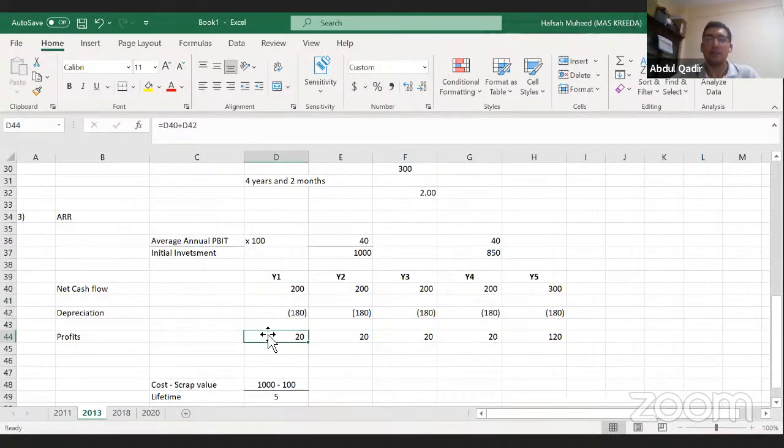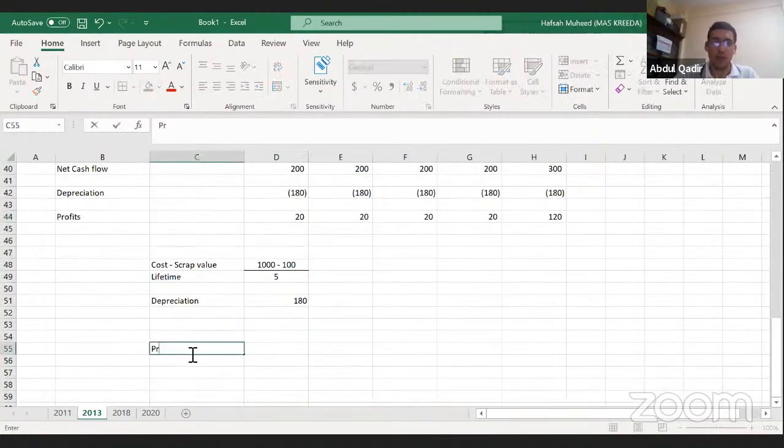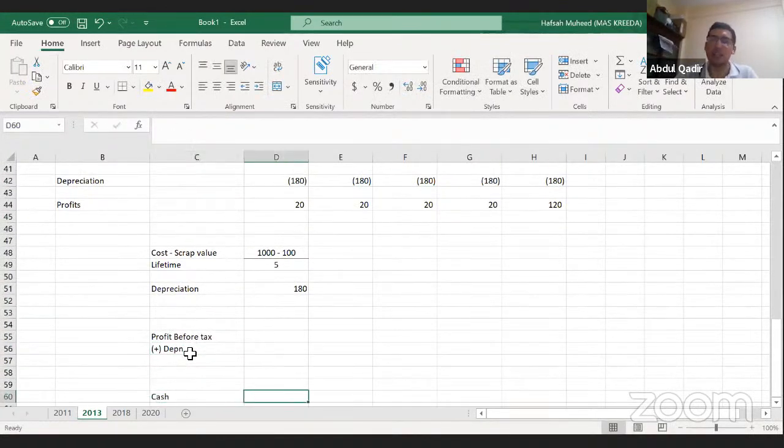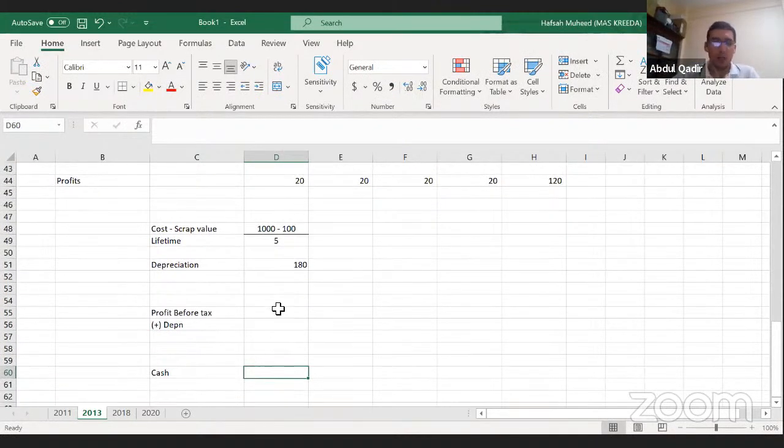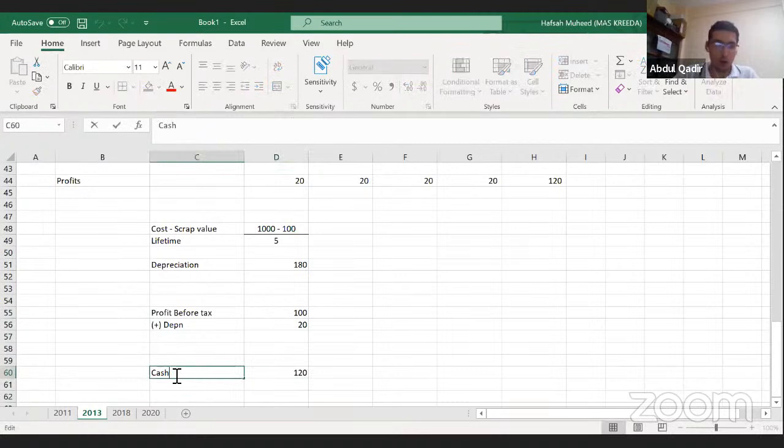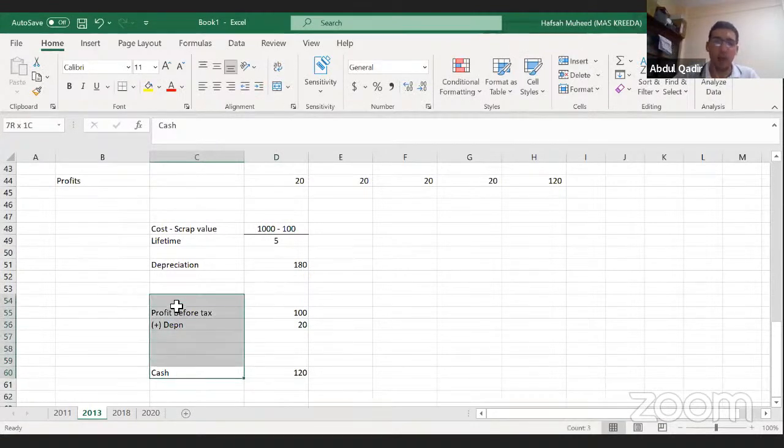How do you do that? There is one item to add, which is what? In your cash flow statement, you all start with profit before tax. Then you add depreciation. And then finally you arrive at cash and cash equivalents at the end of the year. So let's say this was 100, you added 20, you have 120 as total. But right now you have cash flows with you and you want to go up.